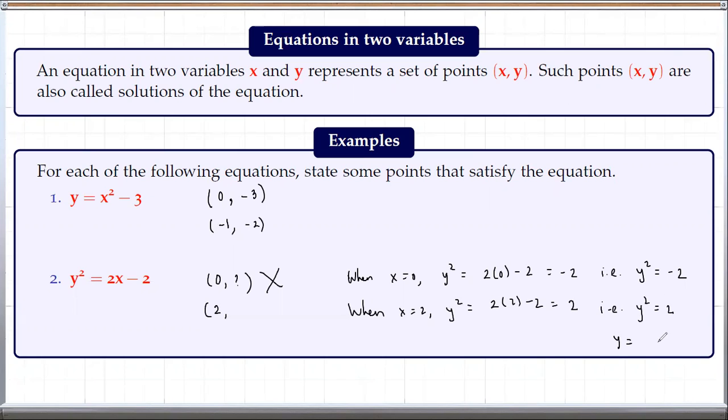That means y can be plus or minus square root of 2 when you take the square root of both sides. So there are two possibilities. I can have 2 comma square root of 2 as one solution, and the other solution is 2 comma negative square root of 2. So we have these two solutions when x is 2. So we can find a lot of solutions here also. So basically any point satisfying these equations, we call them solutions to the equations.